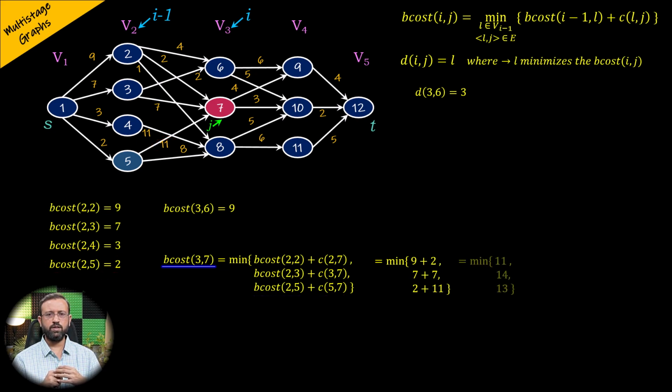So, 9 plus 2 is 11, 7 plus 7 is 14, and 2 plus 11 is 13. So, 11 is the minimum cost which is through vertex 2. Therefore, D of 3, 7, where 3 is the stage and 7 is the vertex, will be vertex 2 that minimizes the B cost 3, 7.